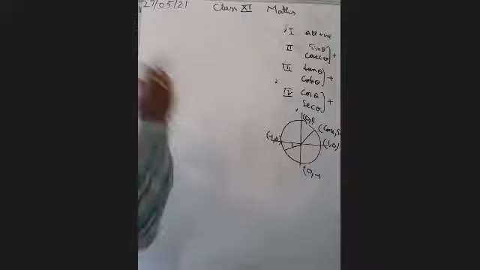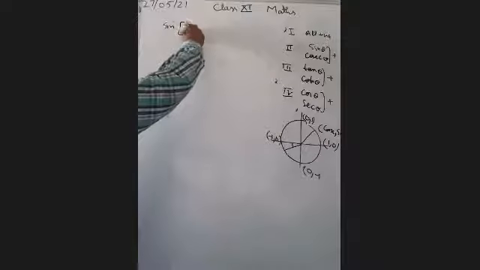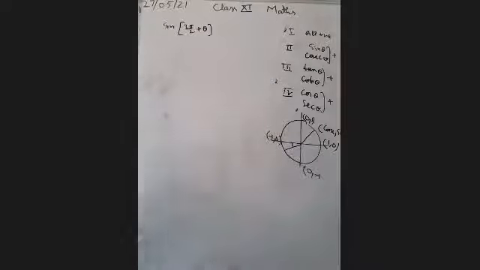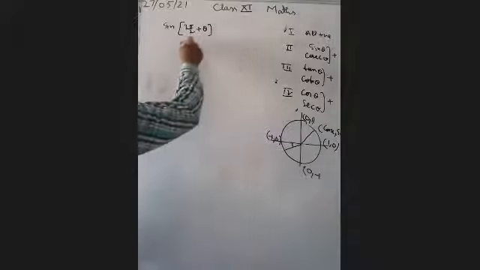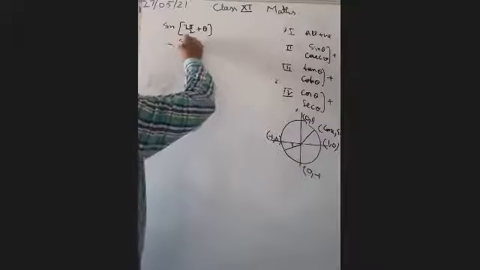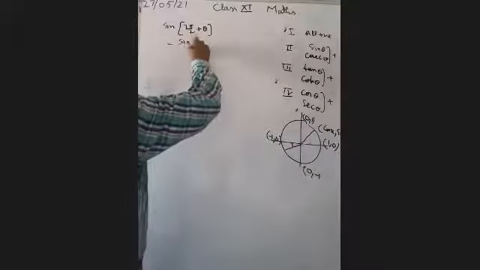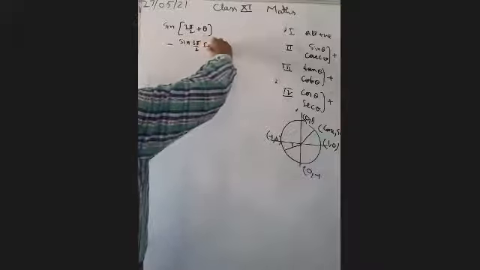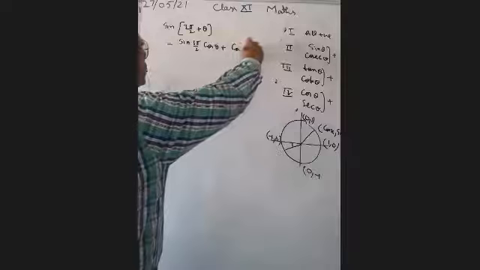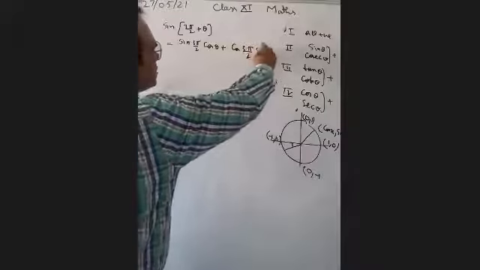Now just plus theta, that is 3 pi by 2 plus theta. Okay, 3 pi by 2 plus theta. Now if you expand, you will take sin 3 pi by 2 cos theta plus cos 3 pi by 2 sin theta.